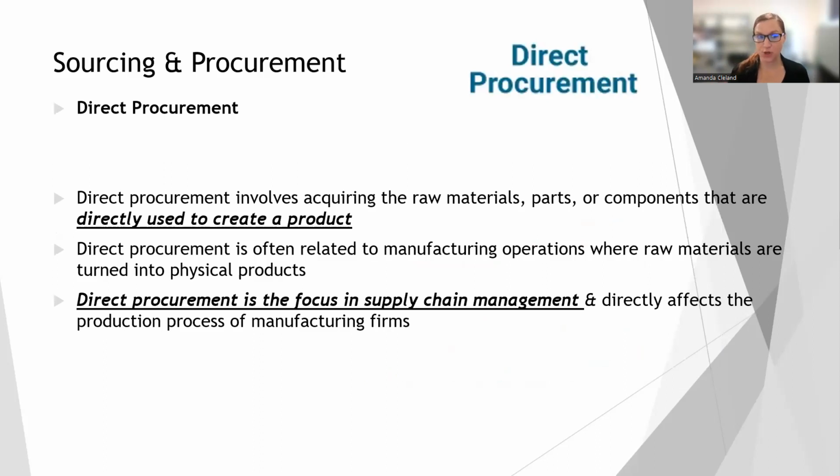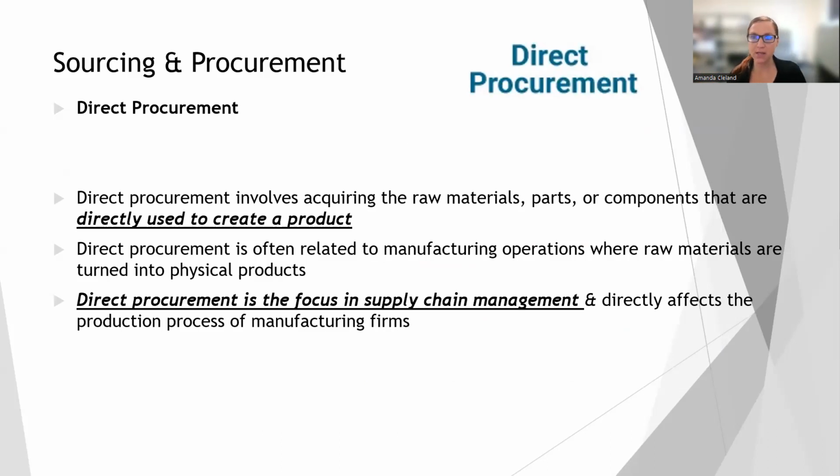So direct procurement. Direct procurement is typically the focus of supply chain management. It directly affects the production processes of any manufacturing or production firm. So direct procurement involves acquiring the raw materials, the parts, the components that are directly used to create a product. So say, for example, with Apple, they're creating iPhones.